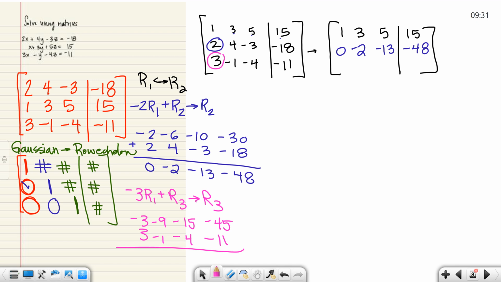So multiplying the top row by negative 3, negative 9, negative 15, negative 45, I'm going to add that to my row 3. That gives me a 0, a negative 10, a negative 19, and a negative 56.